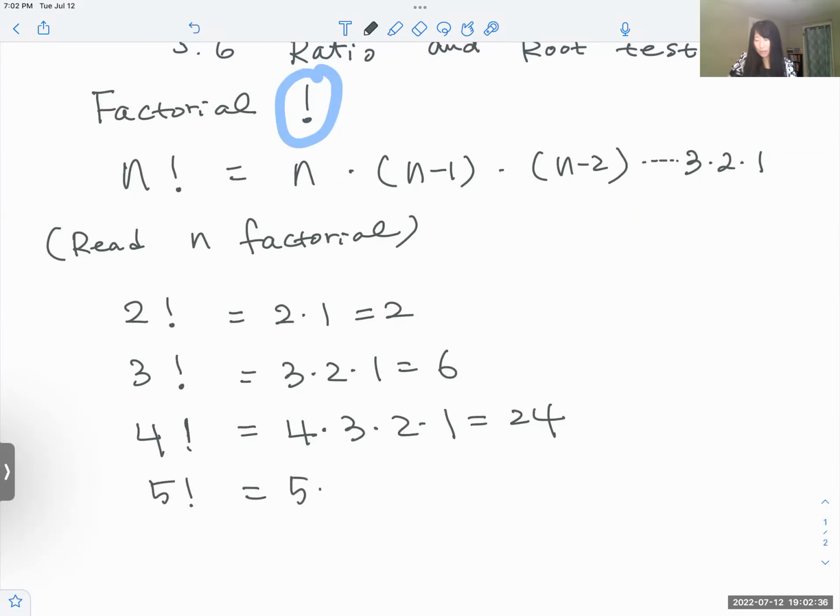So 5 times 4 times 3 times 2 times 1, which is 24 times 5, 120, okay?